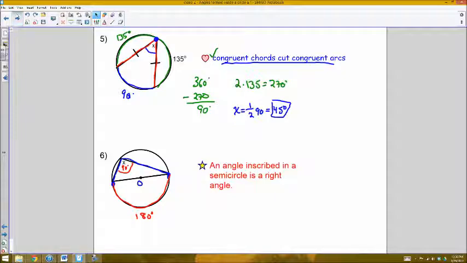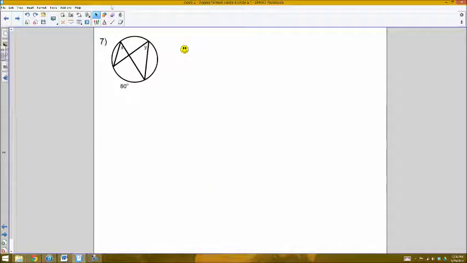One more such observation we could make is that, say I have two angles inscribed within the same arc. So here I have an arc of 80 degrees. Angle y is inscribed within that 80, meaning that angle y would have to be 40 degrees.